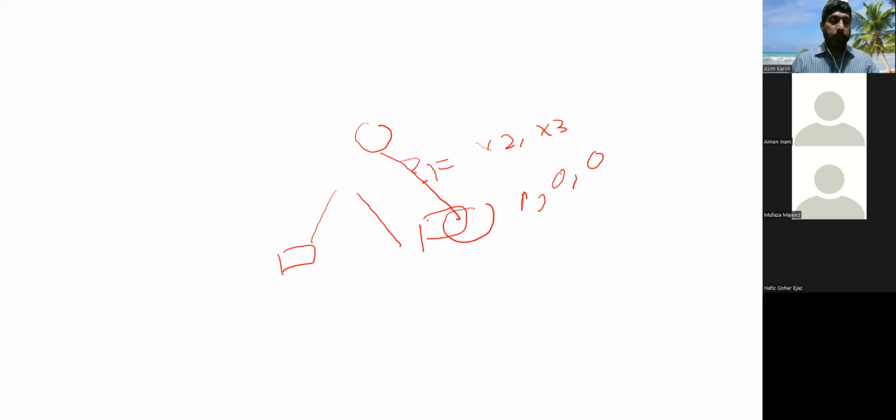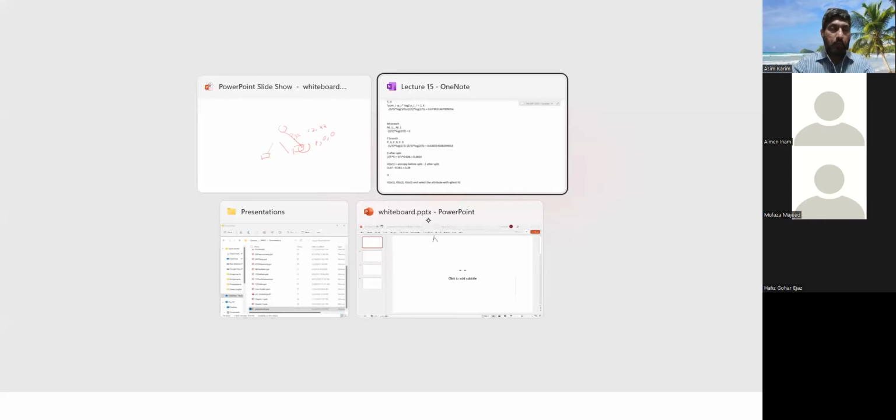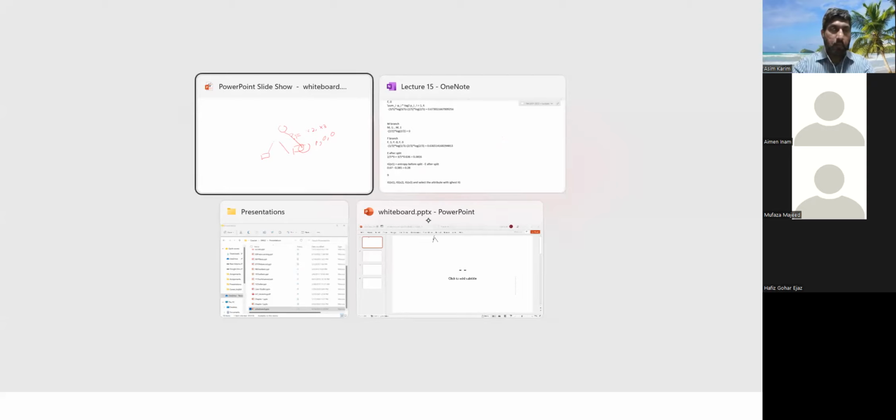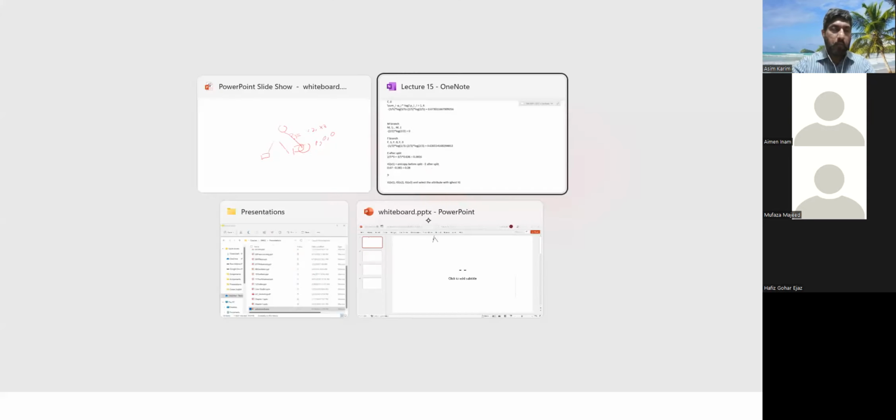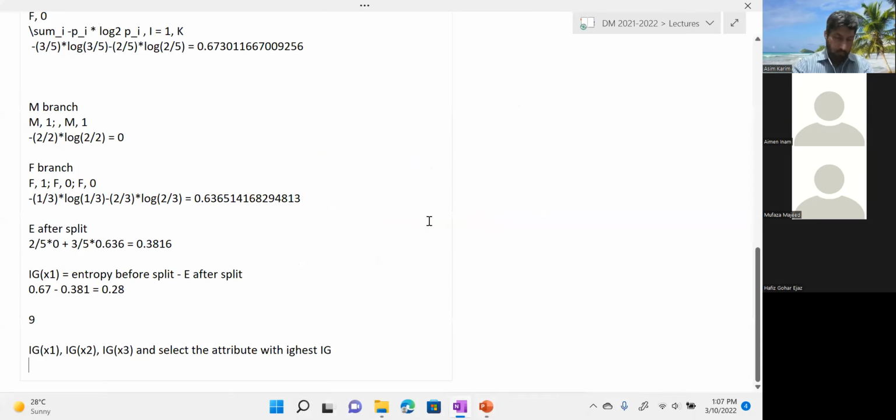So a greedy way of selecting the attributes in sequence to lead to a decision which is hopefully pure, in the sense that there is no impurity with respect to the label at that point. Okay, any questions?